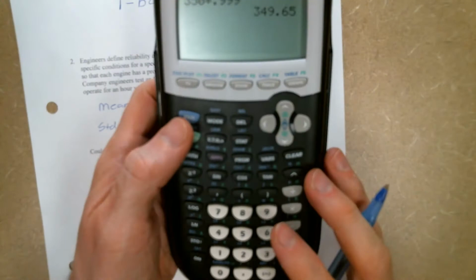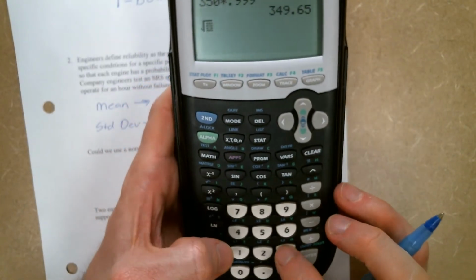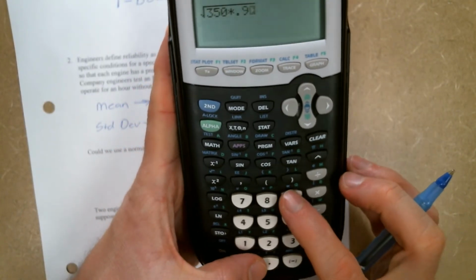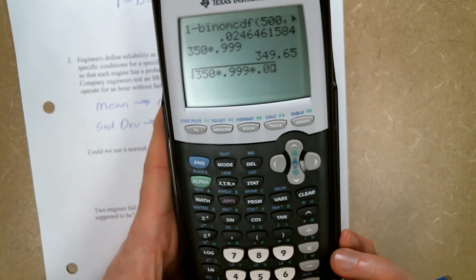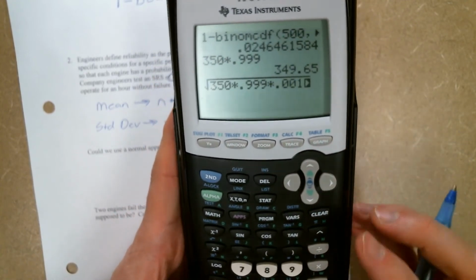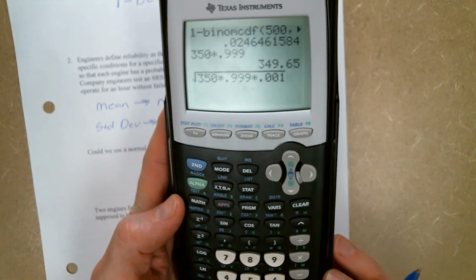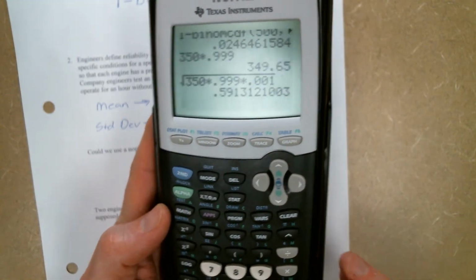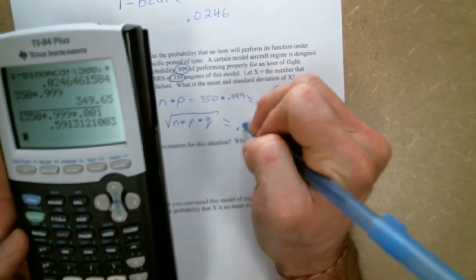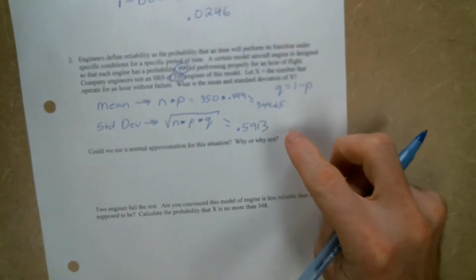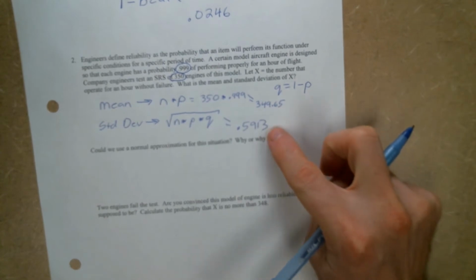Our standard deviation is going to be the square root of 350 times 0.999 times, and then 1 minus 0.999 is just 0.001. All right, so that would be our standard deviation right there, and we end up with 0.5913. All right, so we've got our mean, we've got our standard deviation.